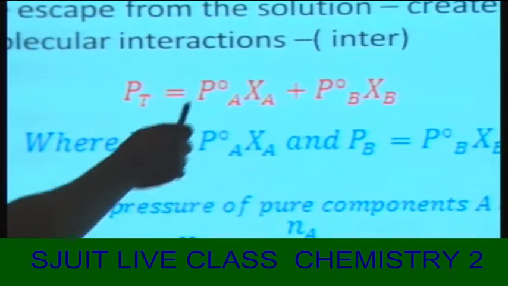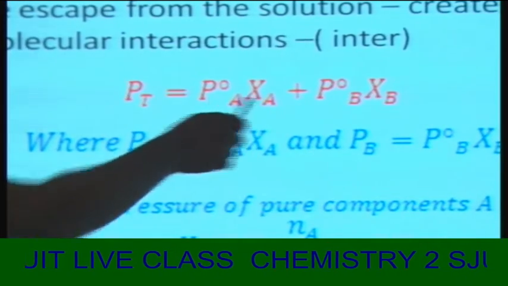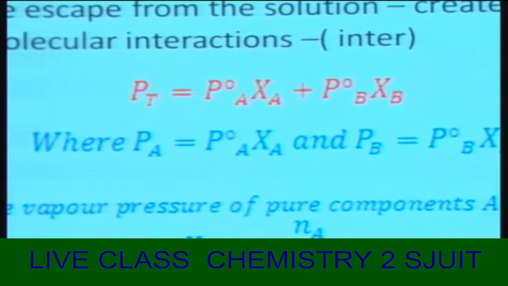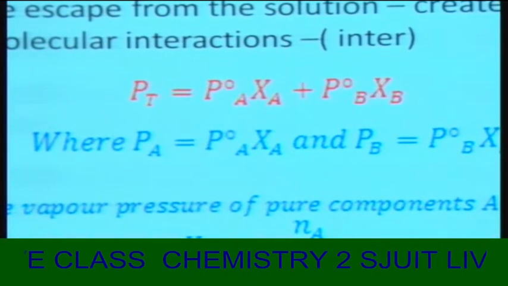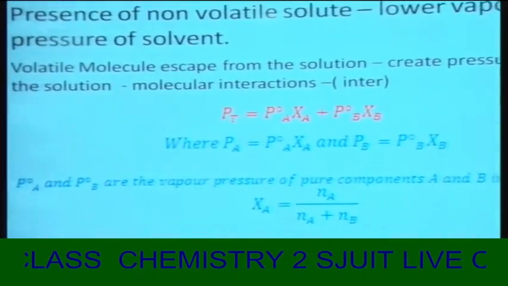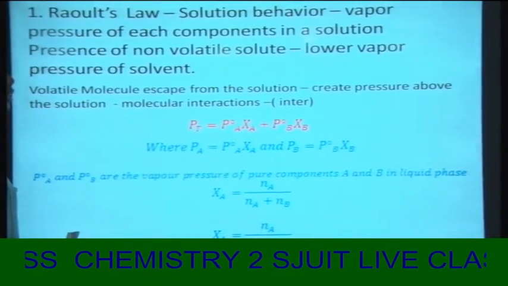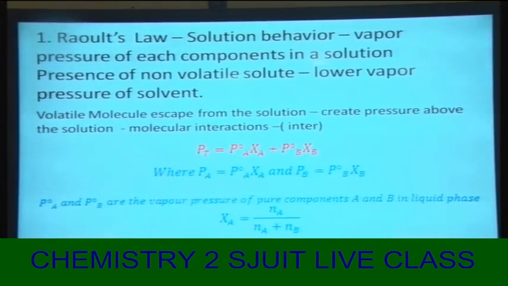But each term with pure pressure and mole fraction is defined as a partial pressure. Volatile molecules in the solution have a tendency to escape above the solution, and when they escape, they create pressure above the solution.